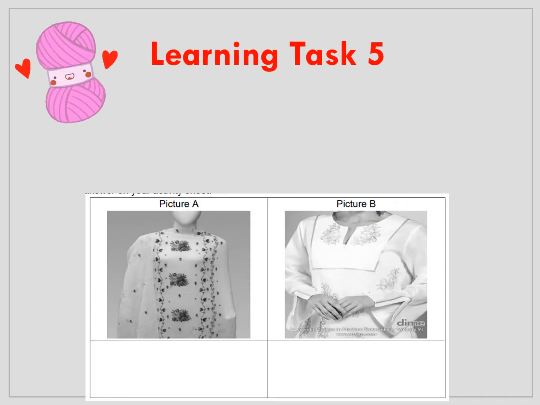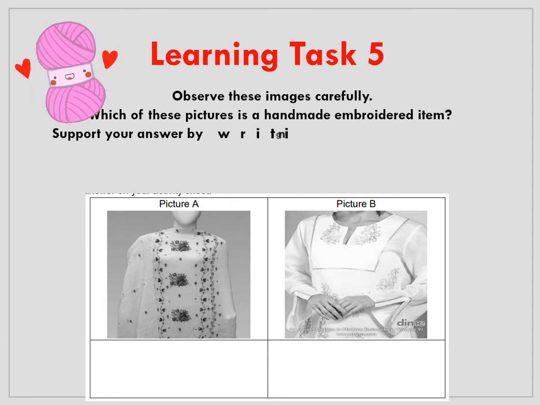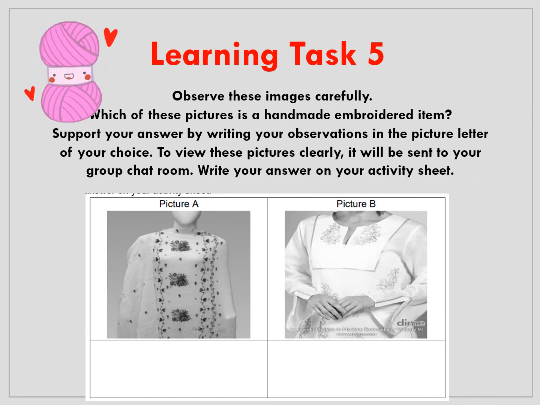Now, we will proceed to learning task number 5. Observe the image carefully. Which of these pictures is a handmade embroidered item? Support your answer by writing your observations and the letter of your choice. To view these pictures clearly, they will be sent to your group chat room.